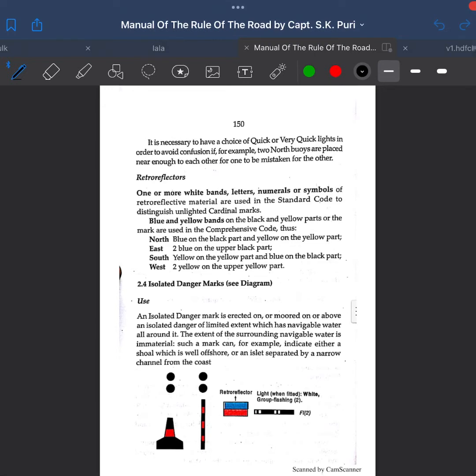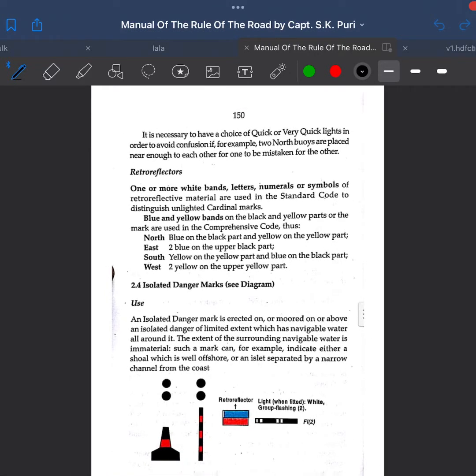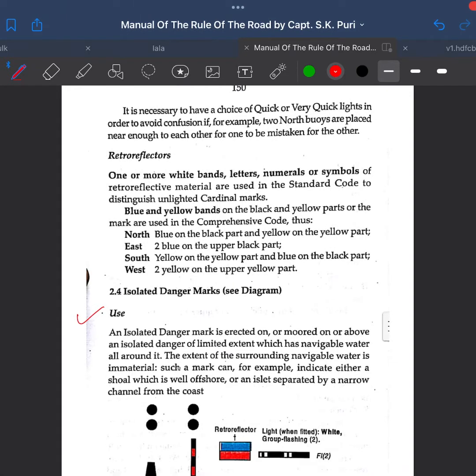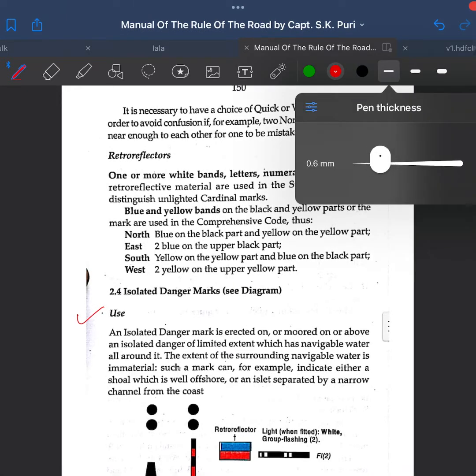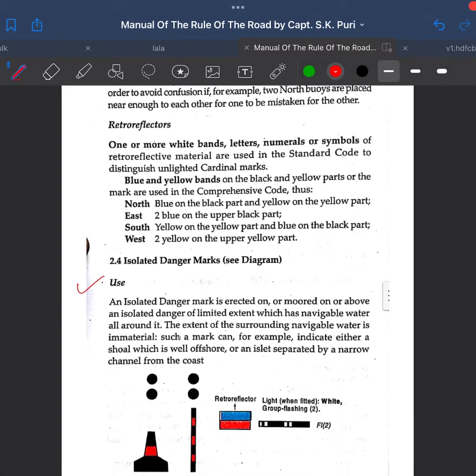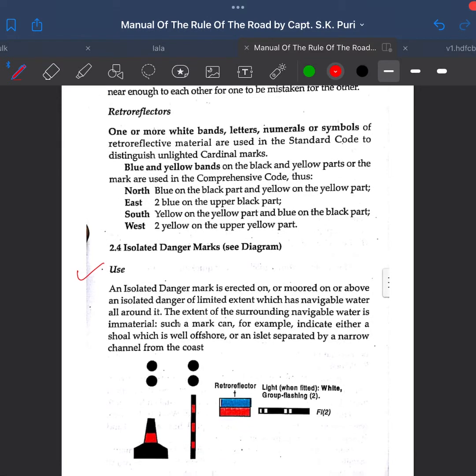Okay, so the isolated danger mark. First, I want to tell you what an isolated danger mark is and what it is used for. It is used to give you an indication that there is a wreck, shoal or something like that. An isolated danger mark is erected on or moored above an isolated danger of limited extent which has navigable water all around it.